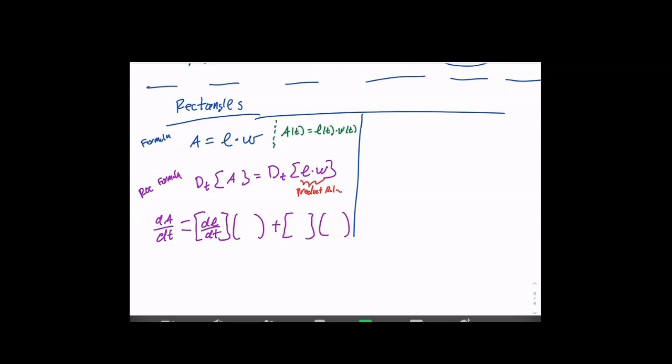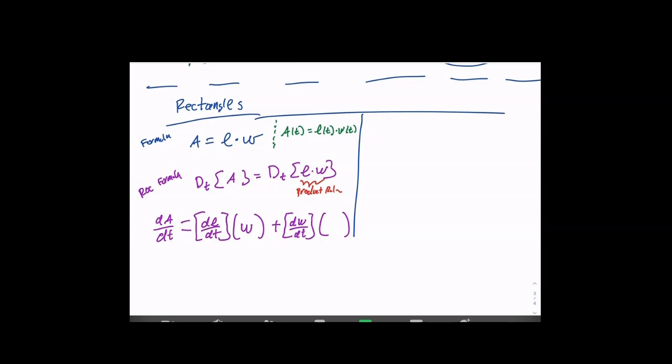That's the transfer in terms of vocabulary that you've got to get comfortable with. Times the second function. So times what? Times W. Plus dW/dt. Nothing's ever going to be 1 in these problems.